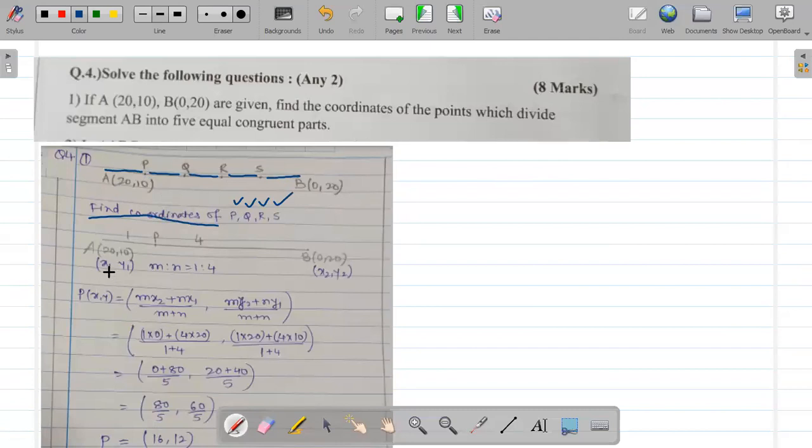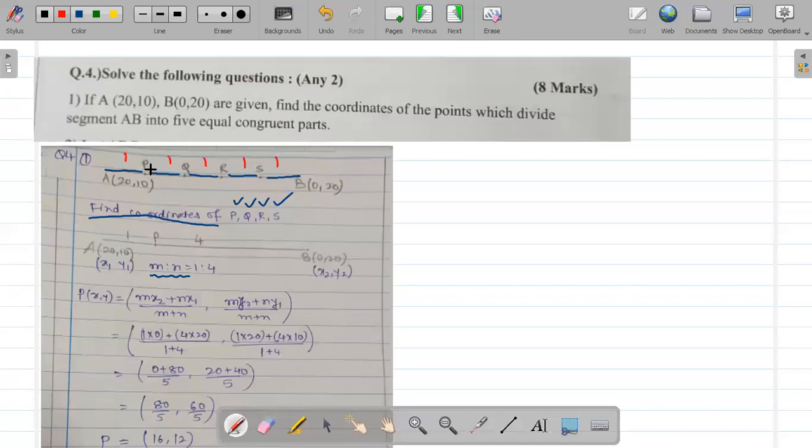We start with finding the point P. So we have the points x1, y1, x2, y2. We need to check what m to n is, the ratio. To get this ratio, try to understand this. Here all the 5 partitions are equal.